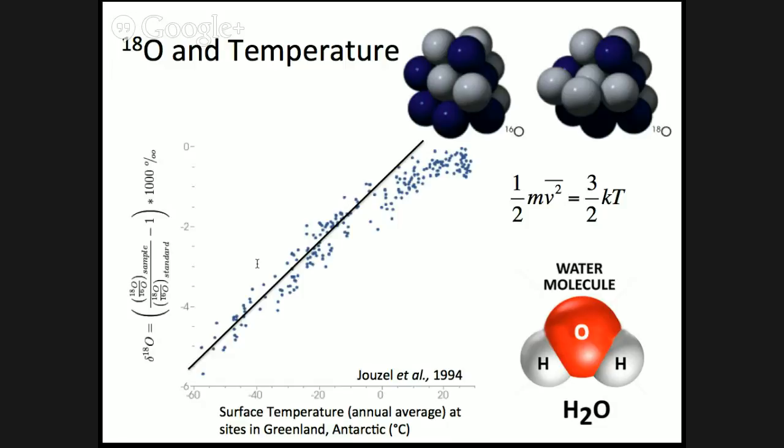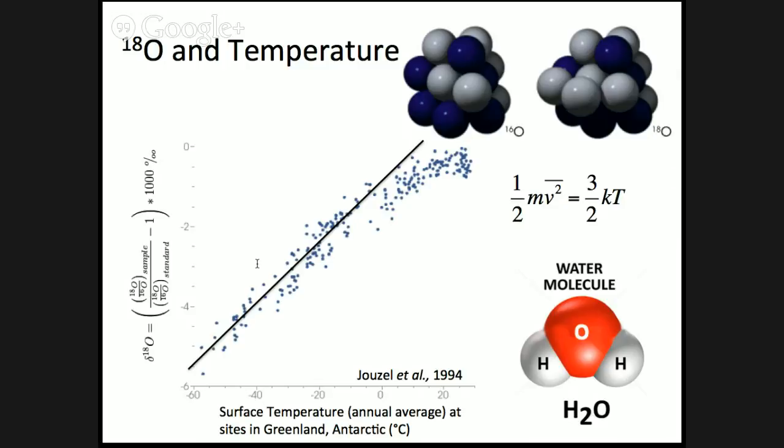So here is showing one way to retrieve information from these ice cores. Ice is made of water molecules, and water molecules consist of one oxygen atom and 2 hydrogen atoms. And the oxygen atom has 2 stable isotopes. One is oxygen 16, and another is oxygen 18.